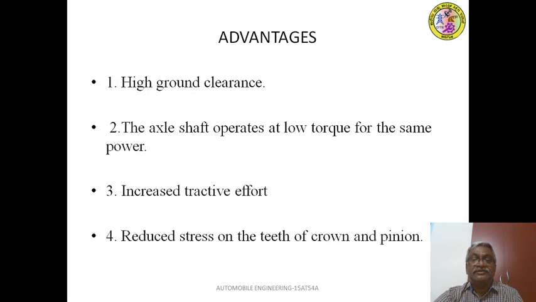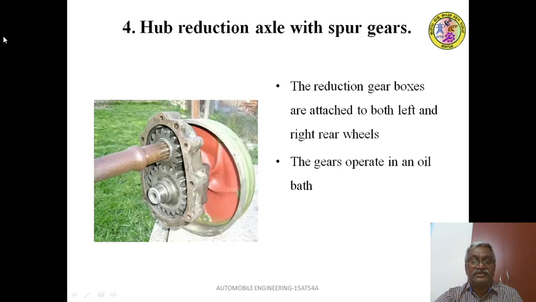Next, in this case we can calculate the gear ratios by using the simple gear ratio formula, as we discussed in the last class. The same formula we can use: teeth on driven gear divided by teeth on driving gear is equal to speed of driving shaft divided by speed of driven shaft.